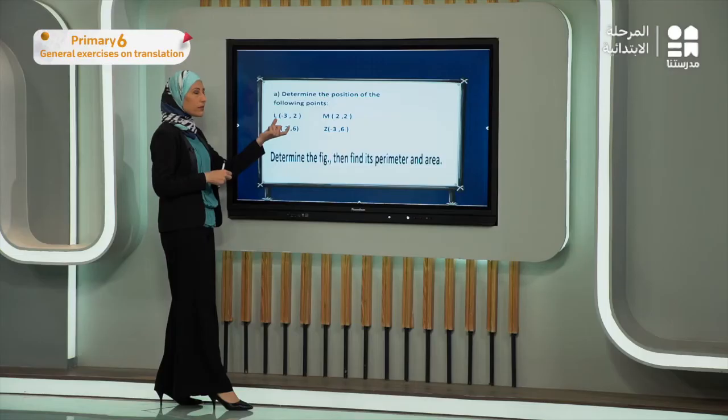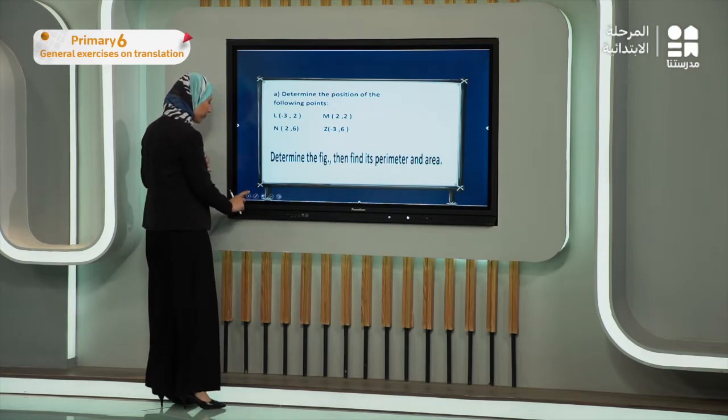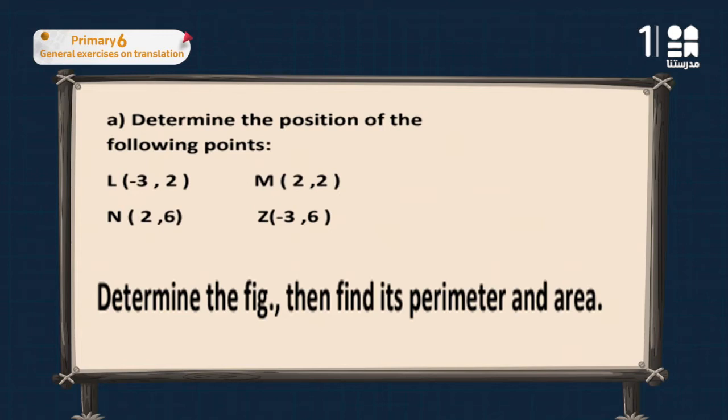L, the first point, is -3 and 2. We have to remember that when reading a point, the first number represents X and the second number represents Y. In X, I go to the positive side, and in Y as well.